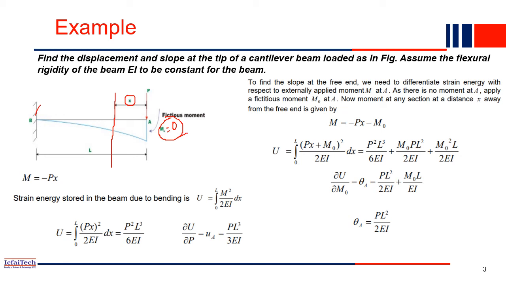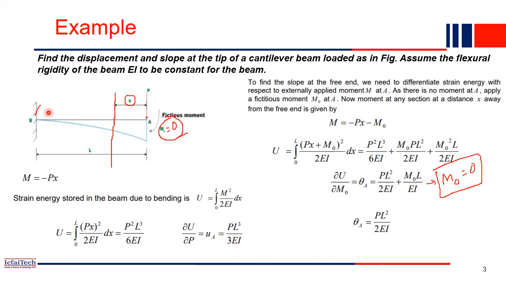So now substitute M naught equal to zero in this expression, because in reality there is no M naught applied externally. The M naught term goes away, and we get PL square by 2EI. So this is the slope at A, and this is the deflection at A.